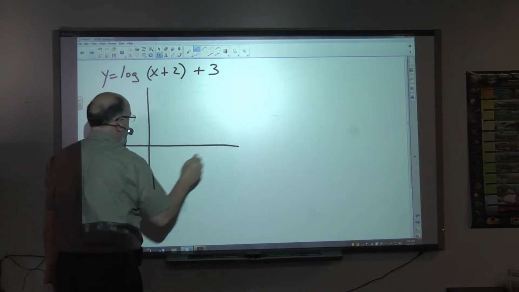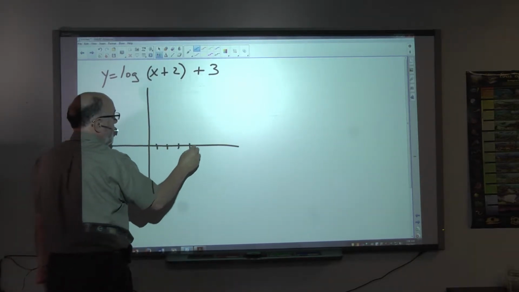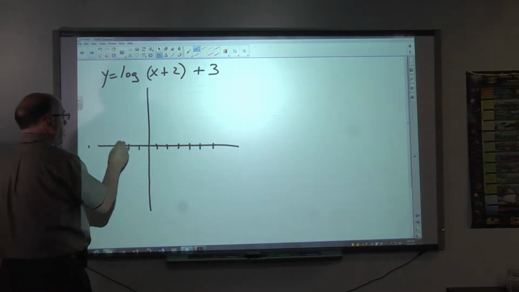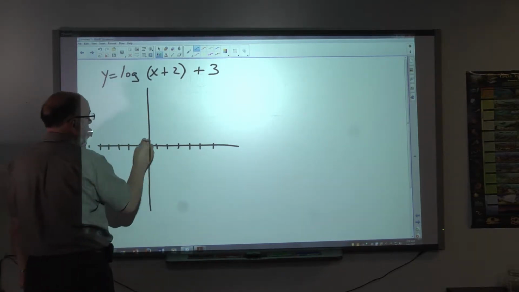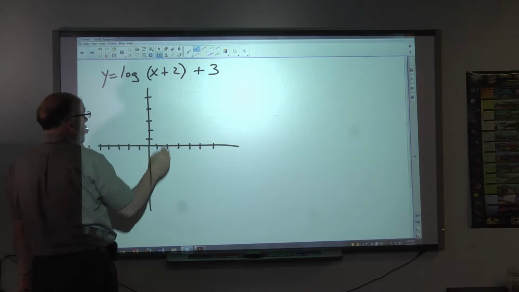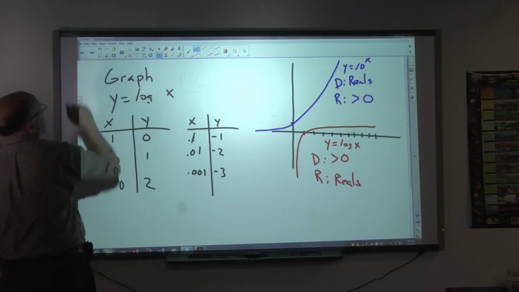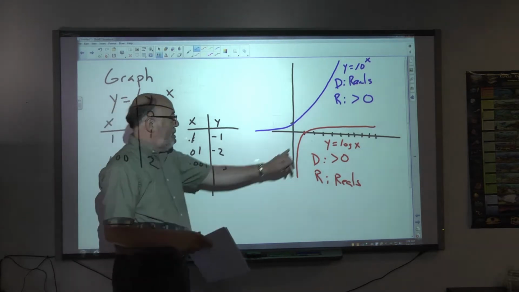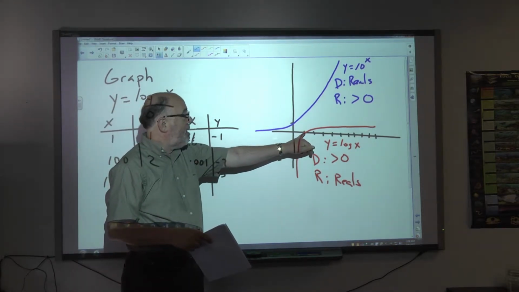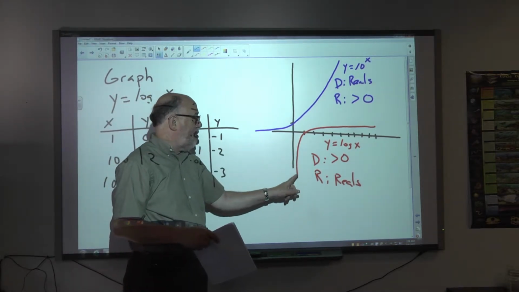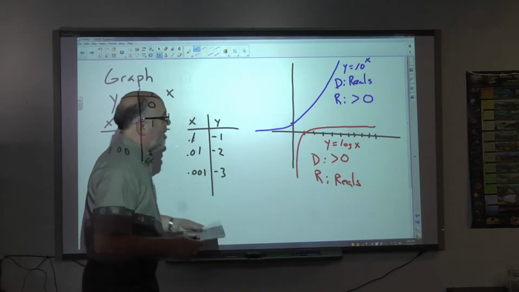So if we graph this, all I'm going to worry about is where this one point goes. Once I know where that goes, I know what this curve looks like.